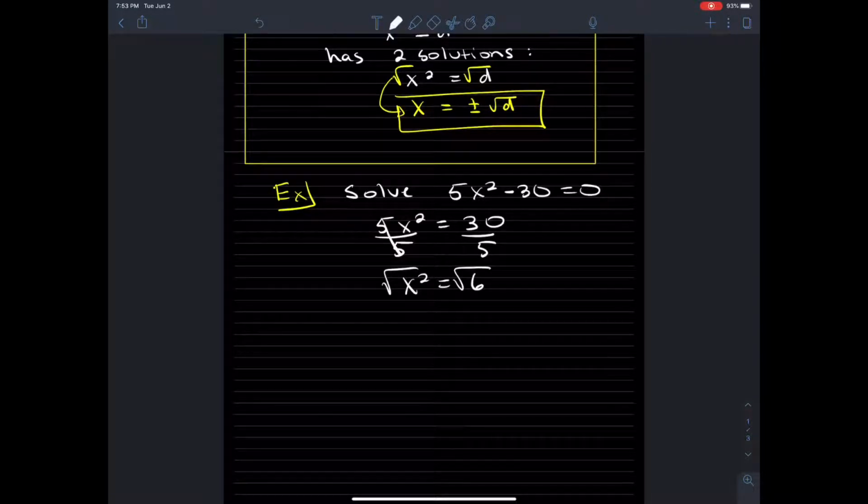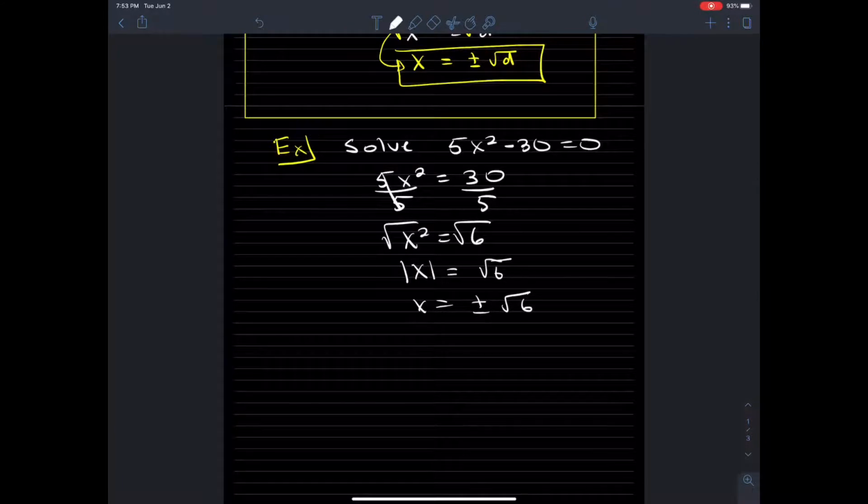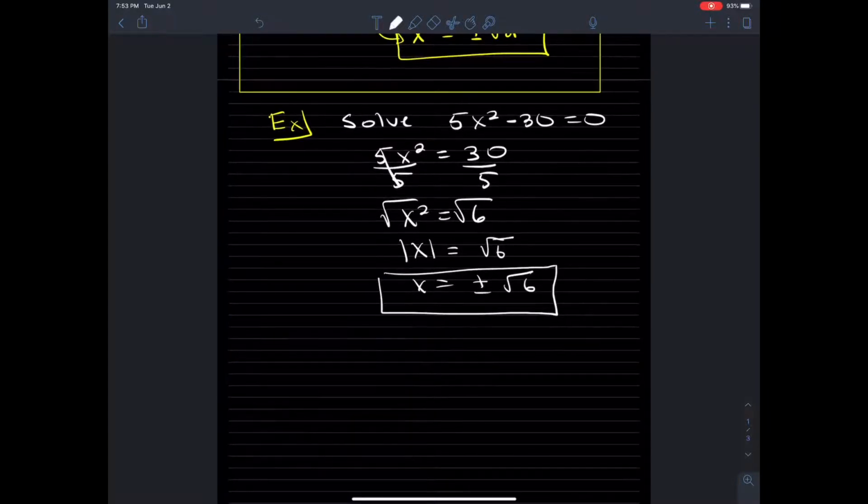Again, if you want, you can say this is the absolute value of x, which is the square root of 6. But when you pull that out, you have to say it's plus or minus the square root of 6. 6 is not a perfect square, so it just stays inside unless you can simplify it. And like I said, it has two answers.